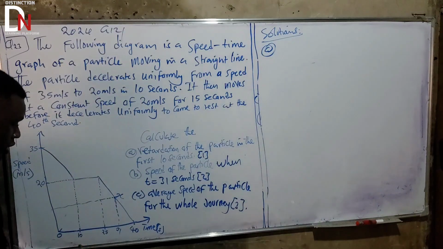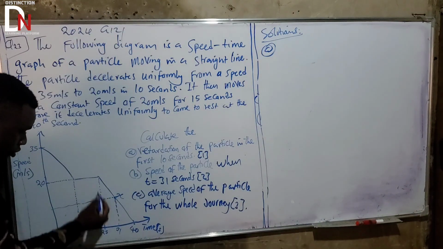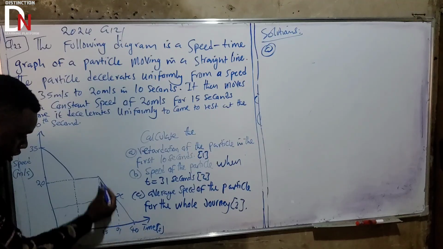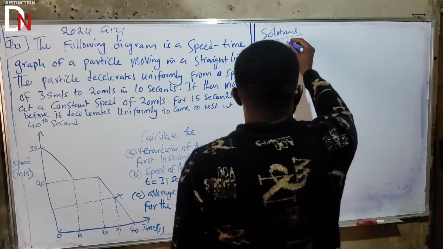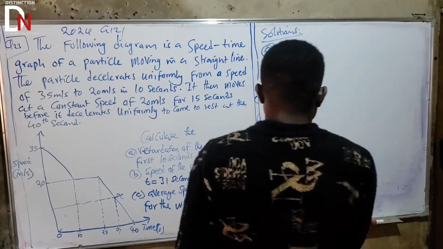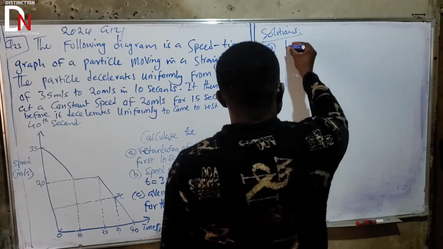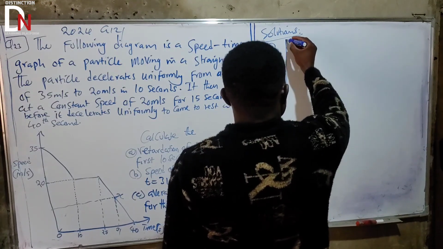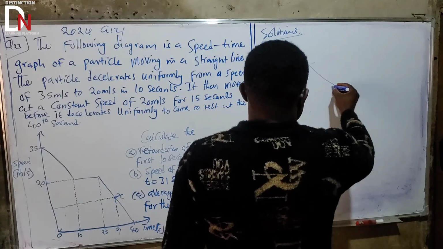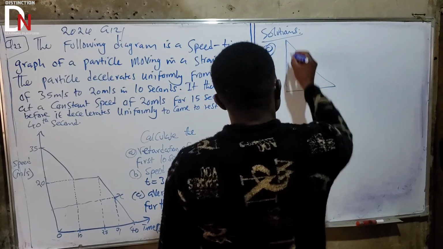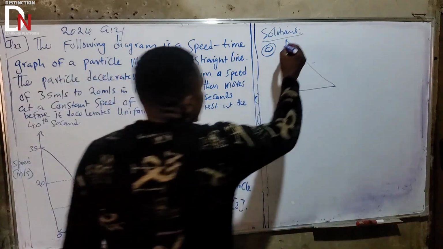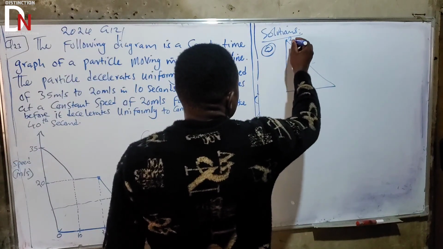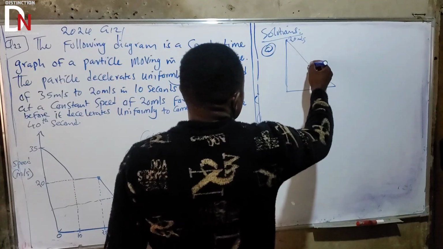For me, what I'll do is get this triangle. So that's a triangle. Here the speed was 20, so this is 20 meters per second.